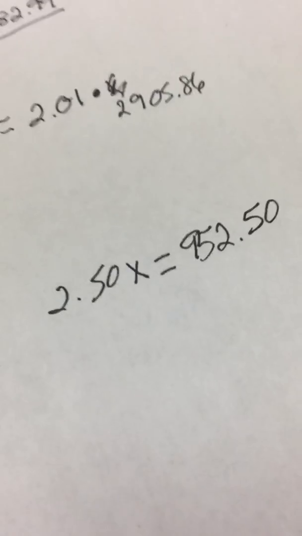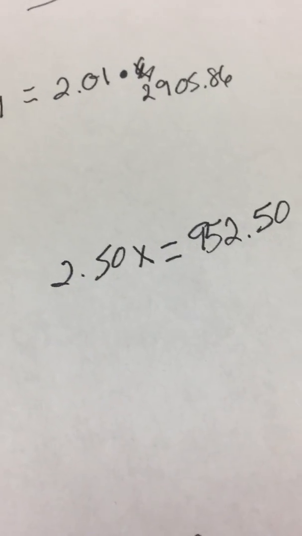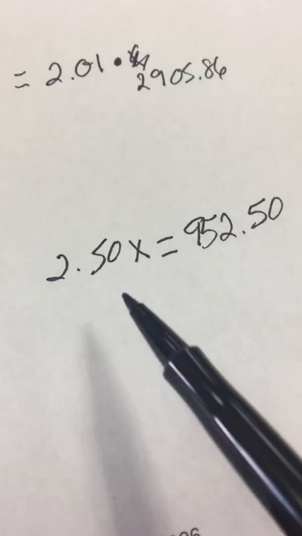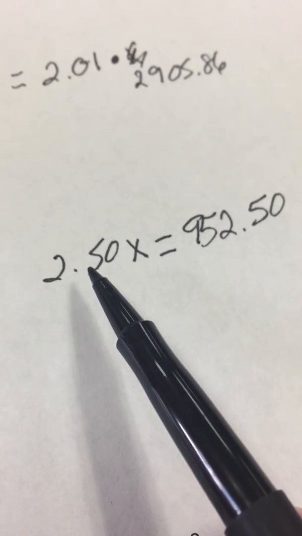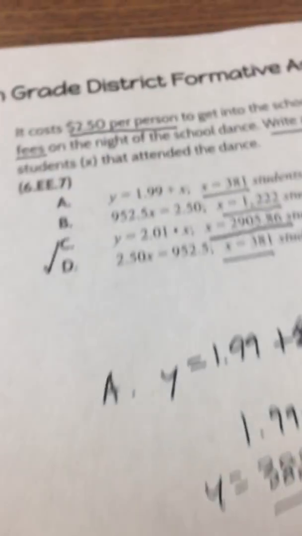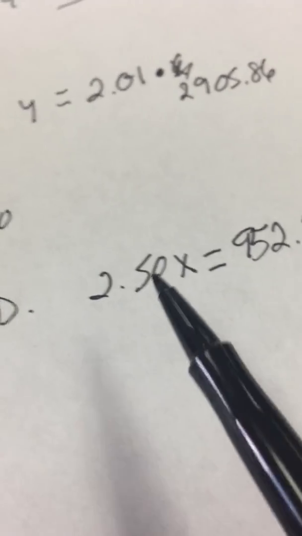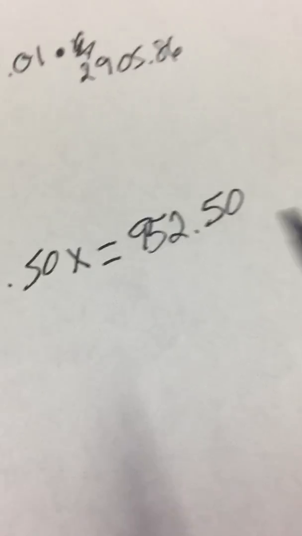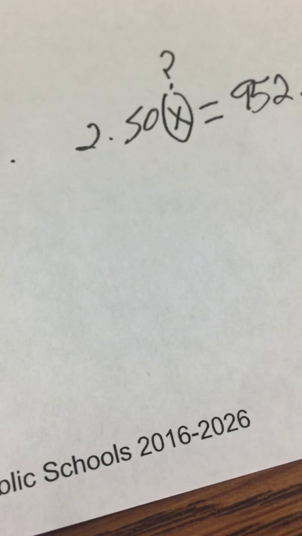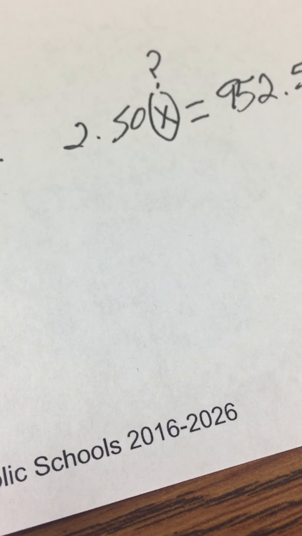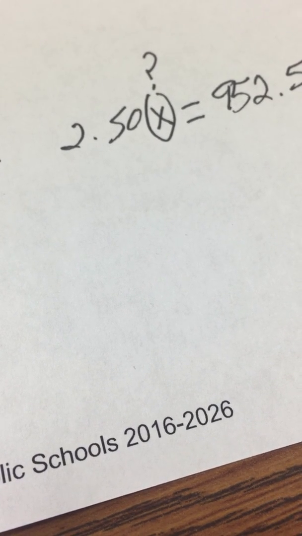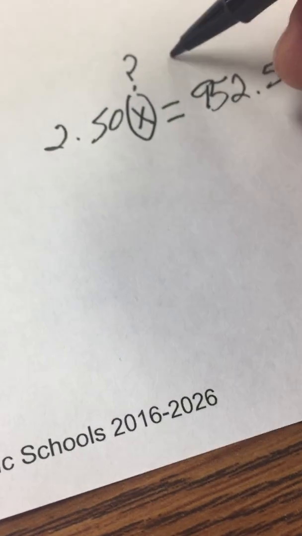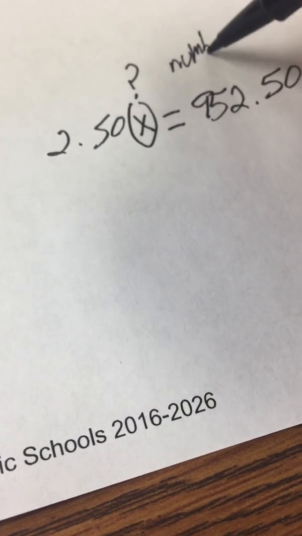You can spot that this one is the correct equation from the very beginning because it's telling you to multiply the price that they charged per person to get in. It's $2.50 per person to get into the dance, and then $952.50 was the total collected. So what do you think the X actually represents? X represents the number of people that are going to the dance.